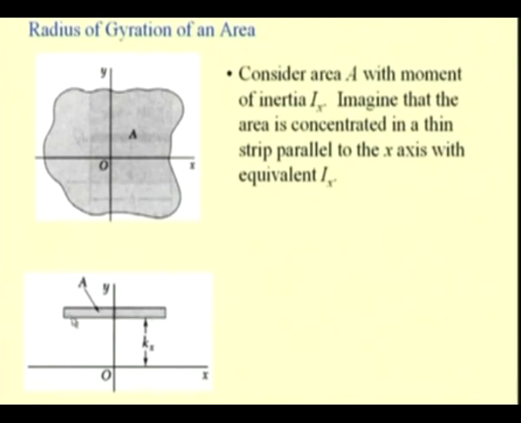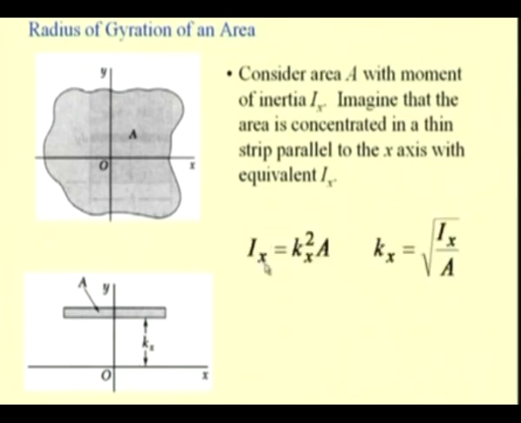So, if such an imaginary thin strip exists whose area is the same as the area of interest, then we are interested to know the distance at which this thin strip will be located with respect to the axis, that is Ox. So, we equate their second moments.